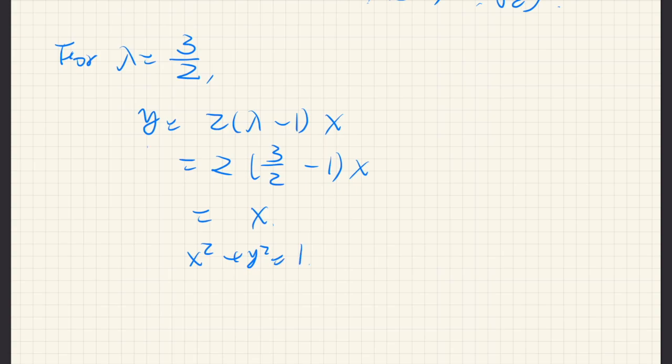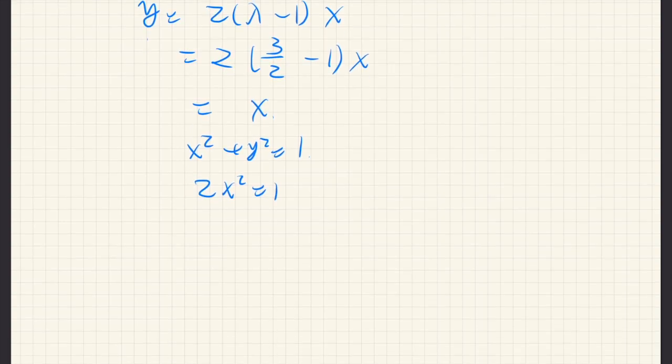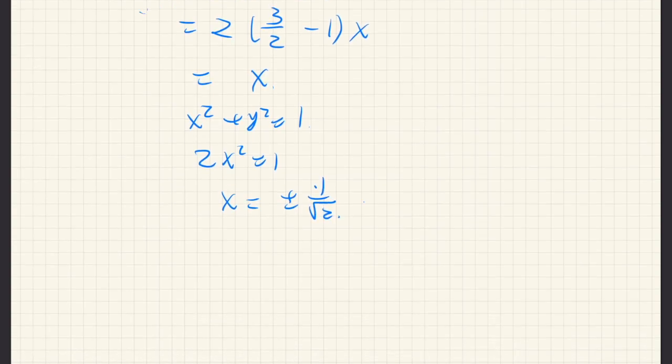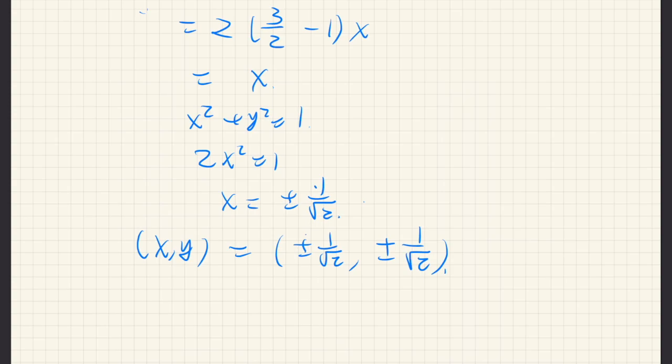And if y is equal to x, we have 2x squared is equal to 1, and x is plus minus 1 over square root of 2, which is equal to y. Therefore, we have x and y equal to plus minus 1 over square root of 2 and plus minus 1 over square root of 2. So this plus corresponds to this plus, and this minus corresponds to this minus.